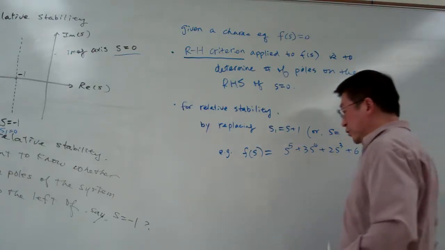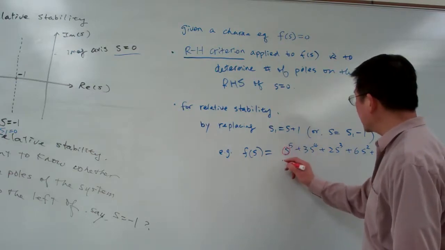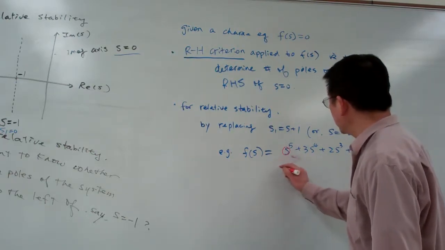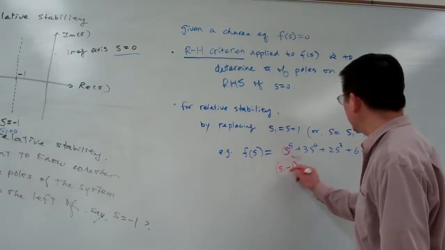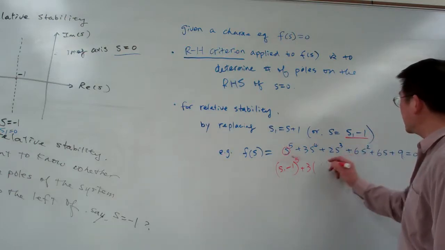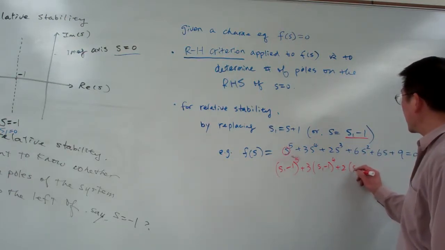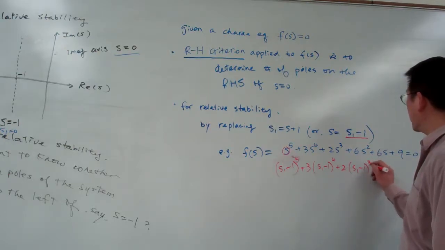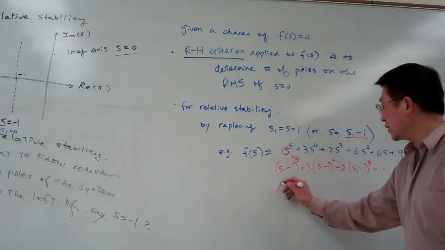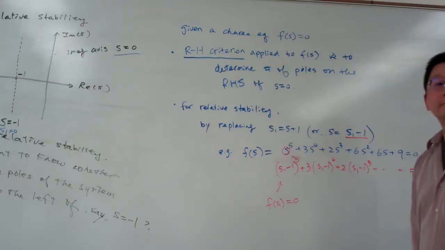Do this replacement: replace s by s1 minus 1, so (s1 minus 1)^5 plus 3(s1 minus 1)^4 plus 2(s1 minus 1)^3, et cetera. In this way, you obtain the function f(s1).